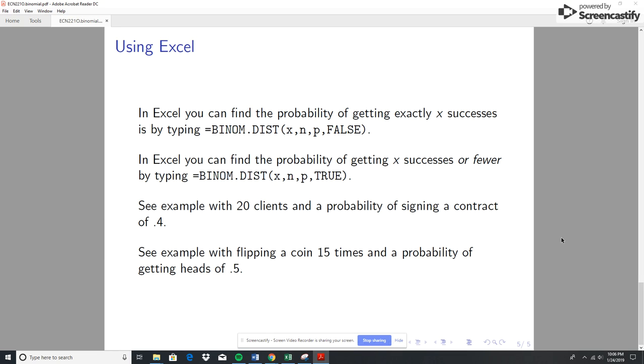Change the false to true if you're looking for getting that number of successes or fewer. So instead of asking about getting exactly 8, if you wanted 0 through 8, then that option would become true.